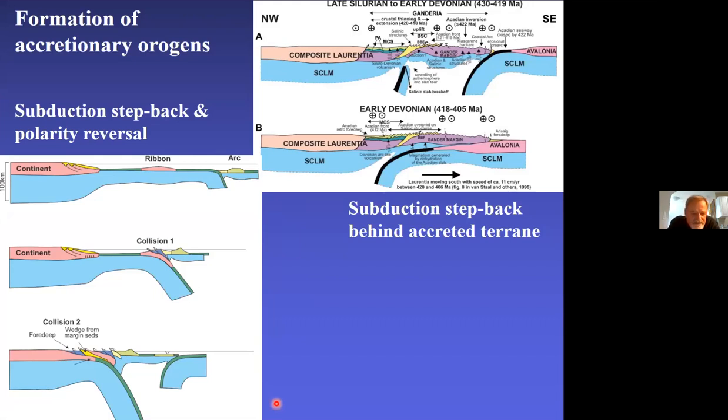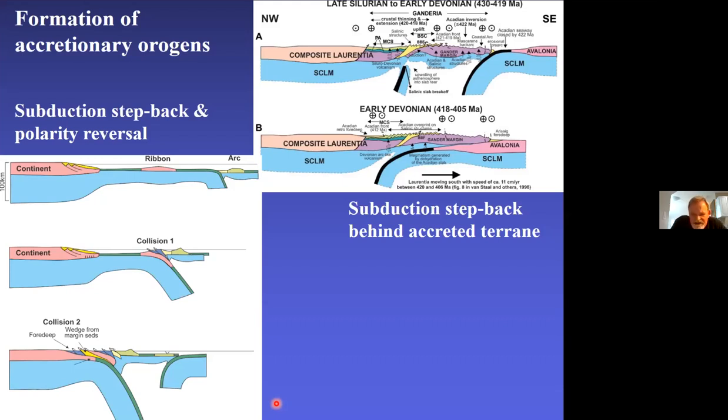Since the ribbon has a finite length, and the ocean on both sides is still subducting, eventually the subduction will step back behind the ribbon until the combined arc and ribbon collide with the continent. Then a new subduction zone may form outboard by a subduction polarity reversal. I will show you some examples where that has happened in recent history. So this is generally the process you're seeing in accretionary orogens.